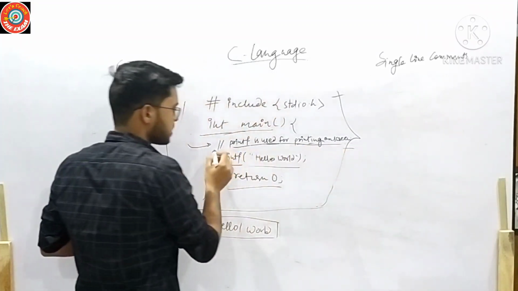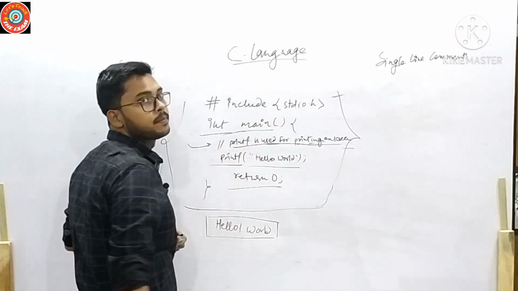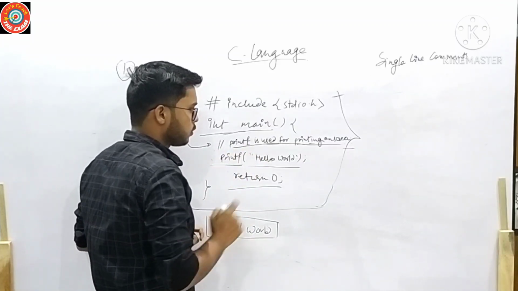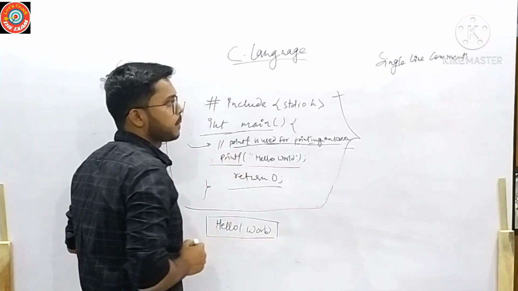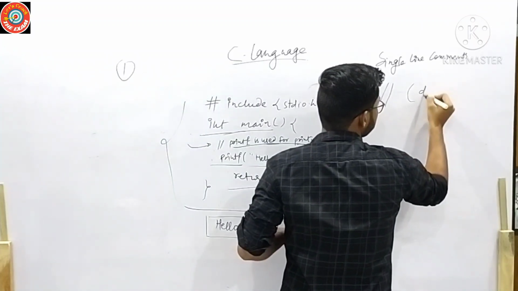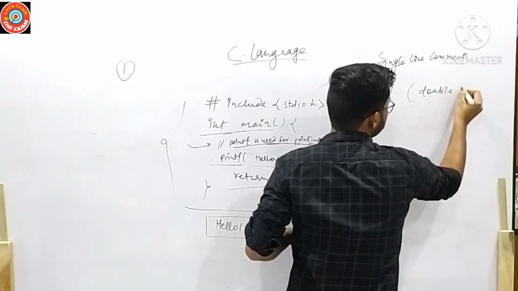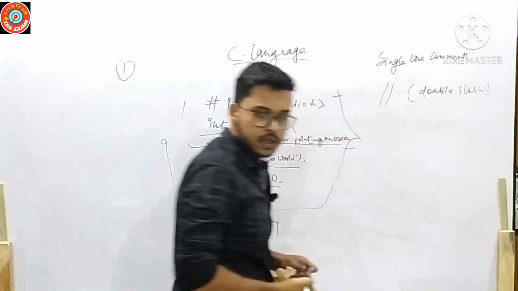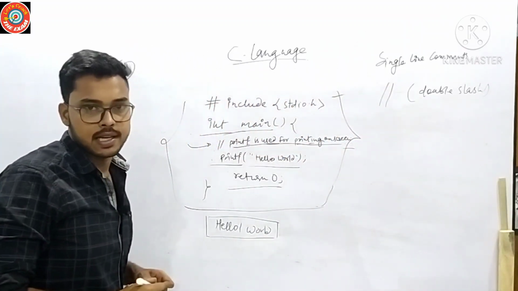This whole line is commented, not the other lines. If we want to comment only one line, we will use a single line comment. For this we use a double slash.